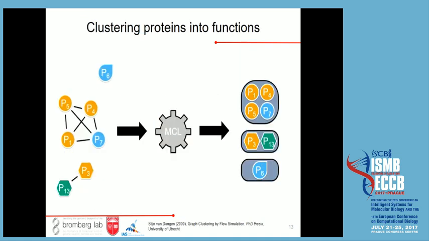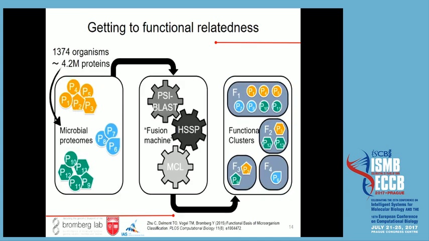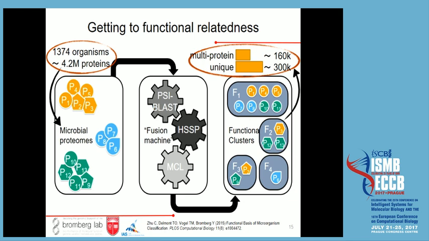And this similarity graph we are running through Markov clustering. Markov clustering enables us to dissect the graph and pretty much put the proteins into functional clusters. So you might remember that I said in the beginning that we started out with 4.2 million proteins, and what we're actually ending up with is around 460,000 functional clusters.